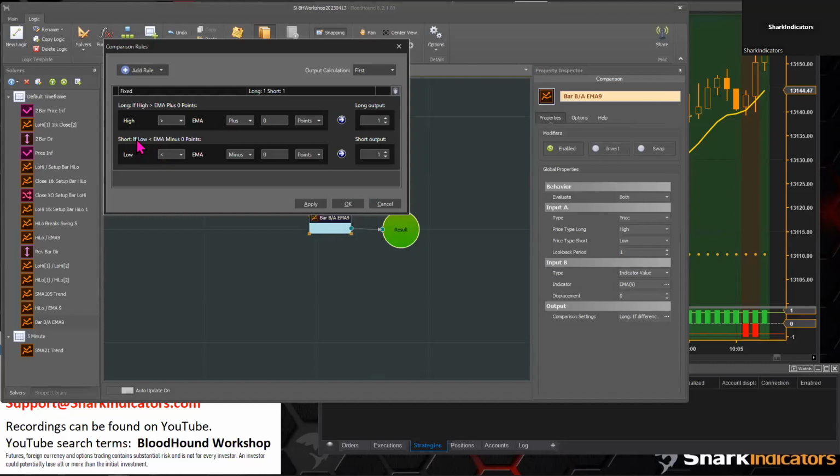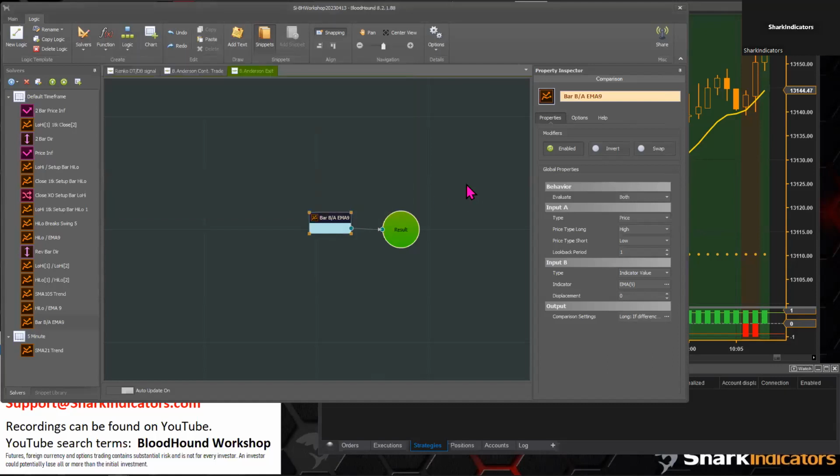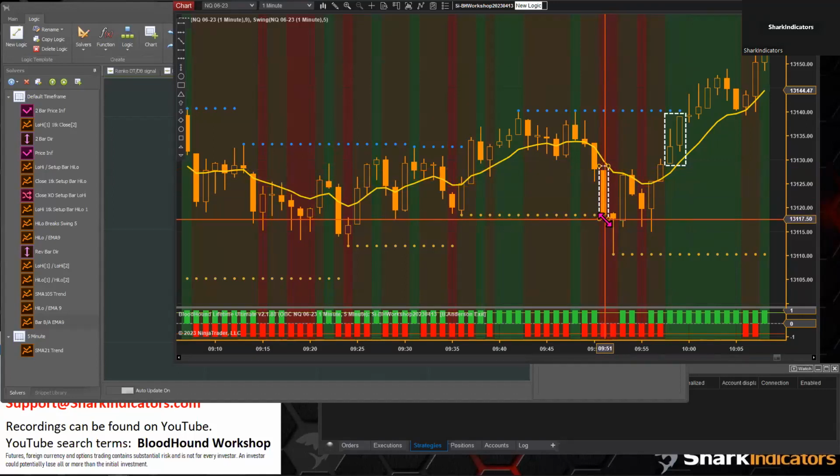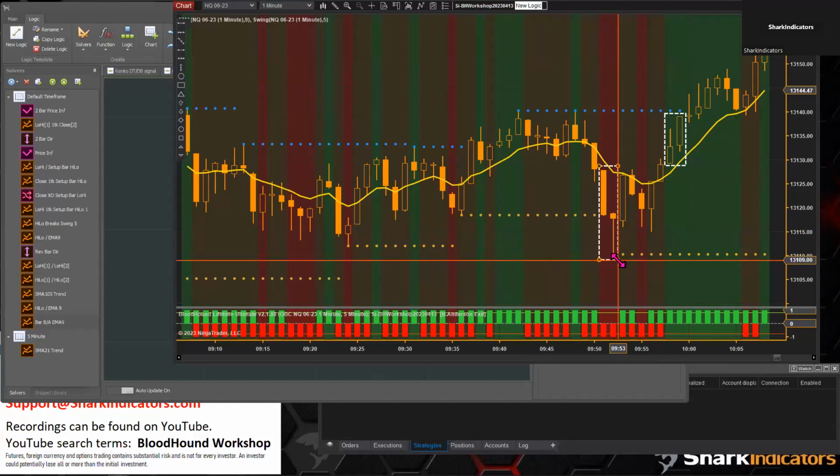For a short signal, the low price needs to be less than, so we're all good there. If we look at this bar, and obviously the next bar, you notice how those have short-only outputs, and that's what we're looking for.